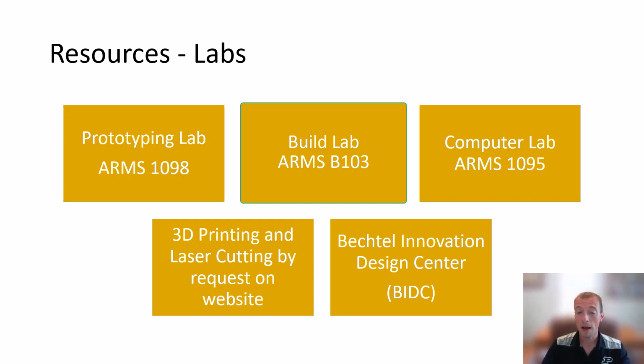We have a computer lab dedicated for you in ARMS 1095. There is printing available there to you that is not going to be on your quota, but please only print EPICS materials there. We do 3D printing and laser cutting by request, and there's a form for that on our website. And we also make use of the Bechtel Innovation Design Center, but do keep in mind, in order to use that facility, you won't be able to just walk up. You have to register and do some pre-work.